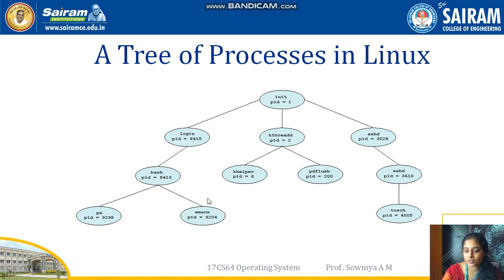Then these are user programs, user processes, and on this side we see the kernel processes, kthreadd, the kthread creation program with PID 2, and khelper, and so on. We can consider this one more user program, and the PID for each process is provided, represented in the form of a tree. Until the lower levels of processes are terminated, the init program has to wait for their completion of execution.